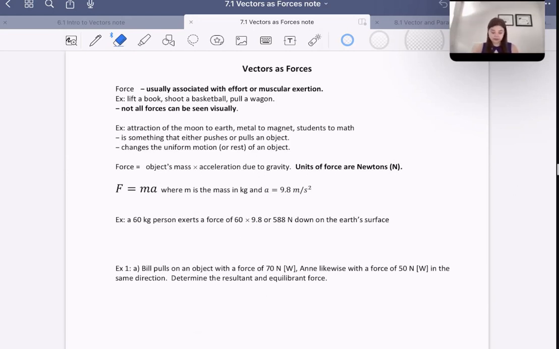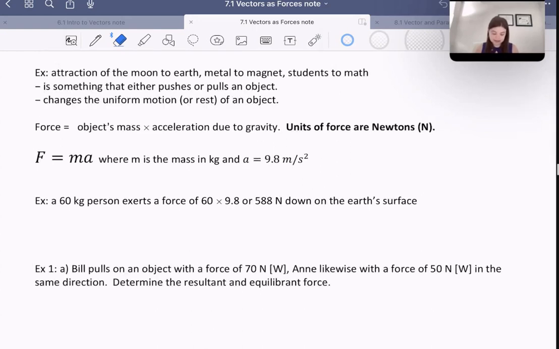So here's another example. It says a 60 kilogram person exerts a force of 60 times 9.8, or 588 newtons, down on the Earth's surface, right?